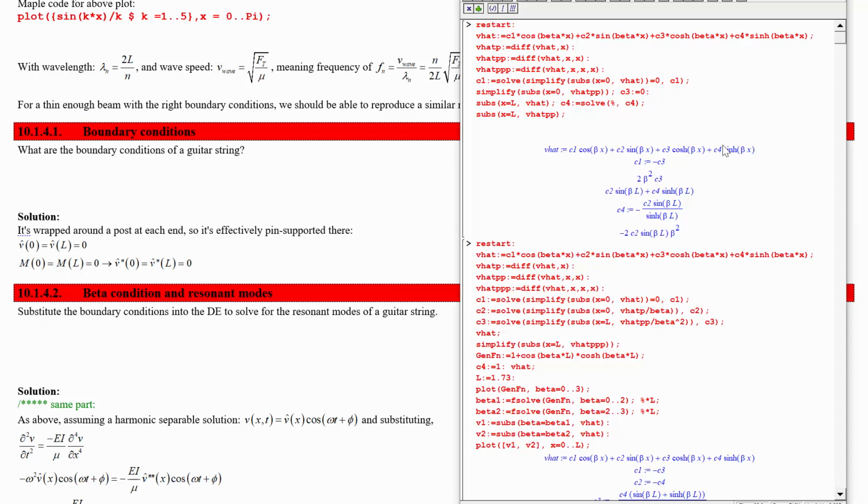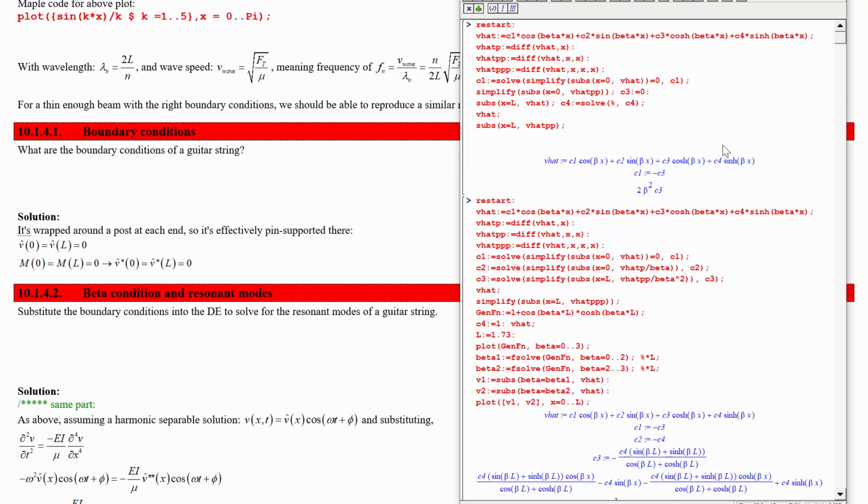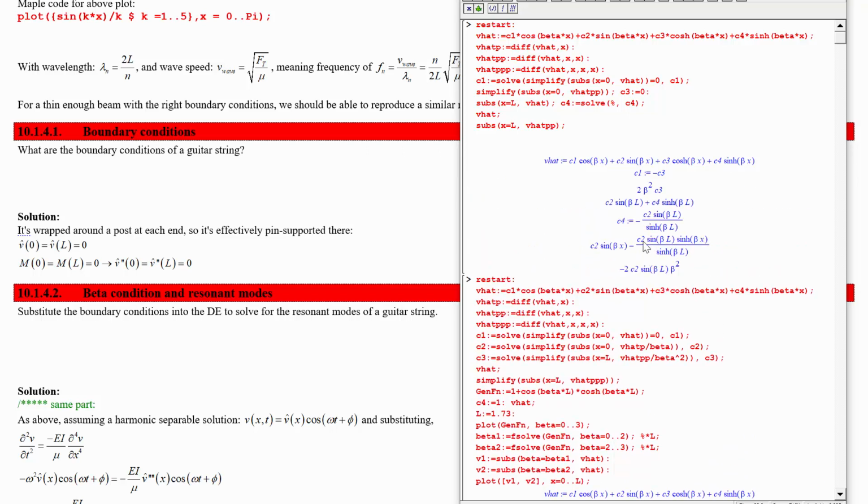So once we've solved this thing for C4, now we've got v hat that looks like this, known for C4, and when we take two derivatives of this and then substitute in an L, the sine hyperbolics will cancel rather than the sines canceling, and we'll have just this condition that we can express in terms of sine of beta L. So now we have something that we can set equal to 0 to find all the betas.